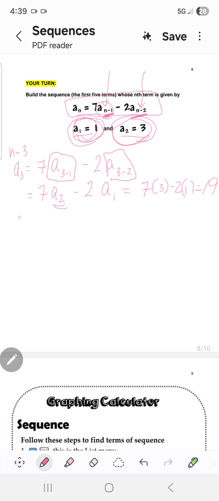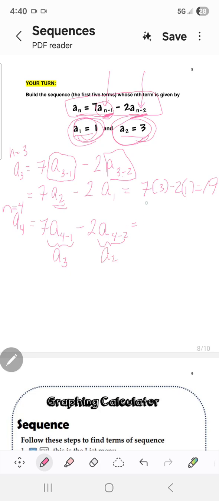Now we can go to the fourth term. With the fourth term, n is 4. So it's 7 a sub 4 minus 1 minus 2 a sub 4 minus 2. 4 minus 1 is 3, so this is the third term. And 4 minus 2 is 2, so this is the second term.